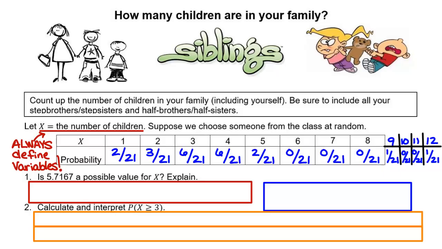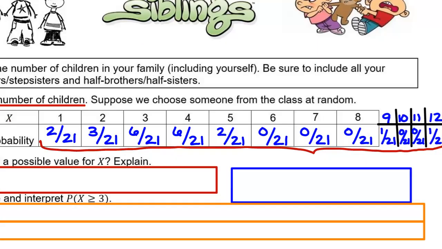If we add these probabilities together, what should it add up to? If I add all the probabilities, it should add to 1. 21 out of 21 should add up to 1.